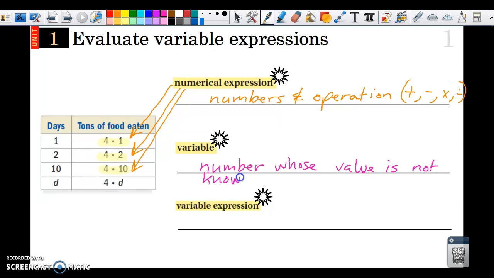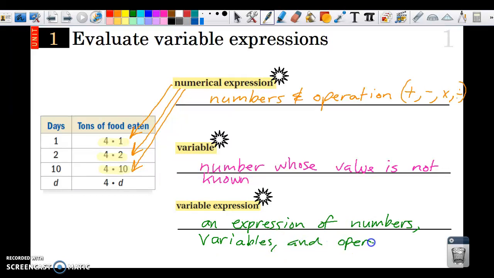We can give a variable a value, and we'll get to that on the next page, but for right now, it's just one number that we don't know. And a variable expression is an expression of numbers, variables, and operations.